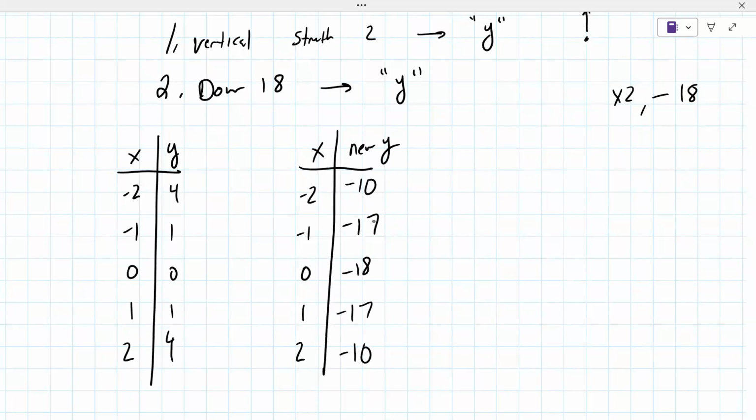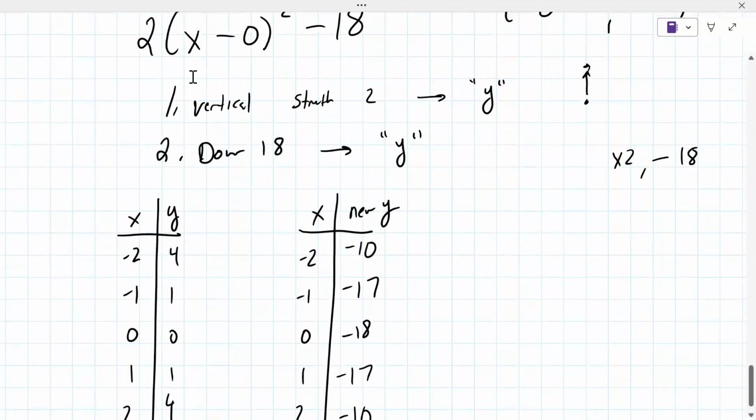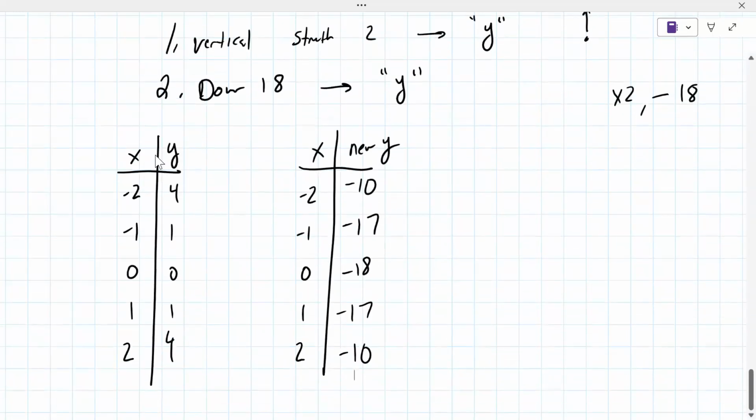And then -10. So the idea here is that if you know the transformations and you know whether they affect x or y, you don't have to recalculate them. You can just use the table. Okay.